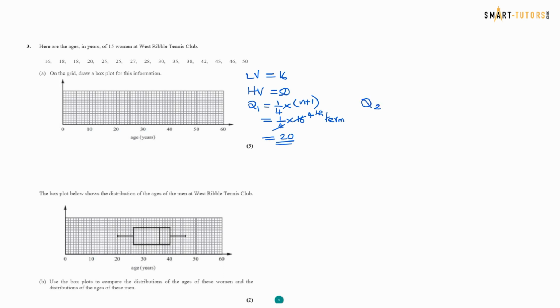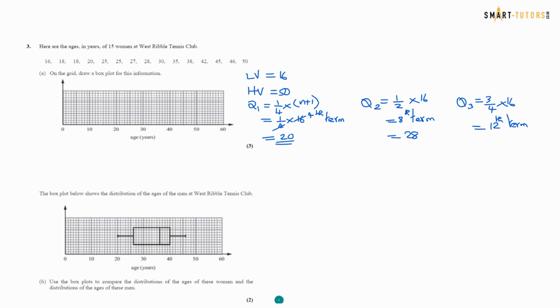Now I need Q2, which is half of 16, the 8th term. Counting 1 to 8 gives 28. Q3 is three quarters of 16, which is 4 times 3, the 12th term.